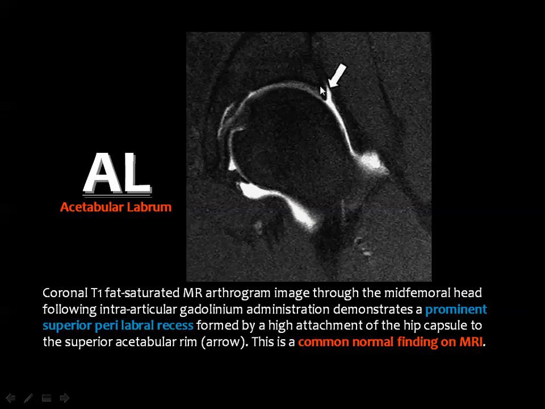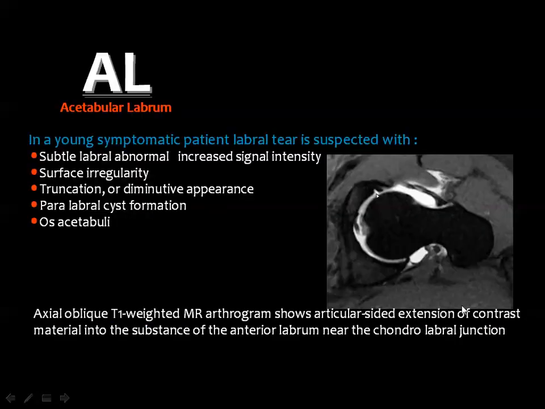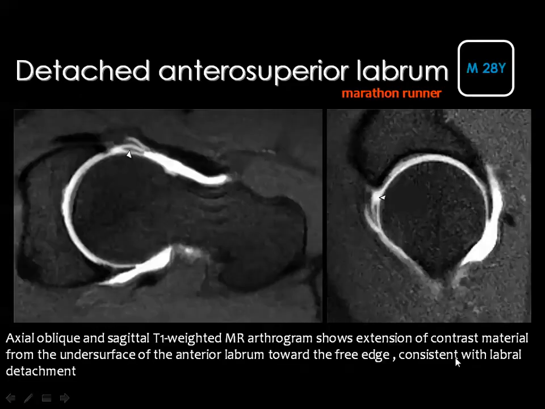This is an absolutely normal labrum, and this is a normal finding. Then if you see the contrast material, this is the anterior acetabular labrum, and you have some contrast material going through the base of the acetabular labrum, then you know that the labrum is partially torn.